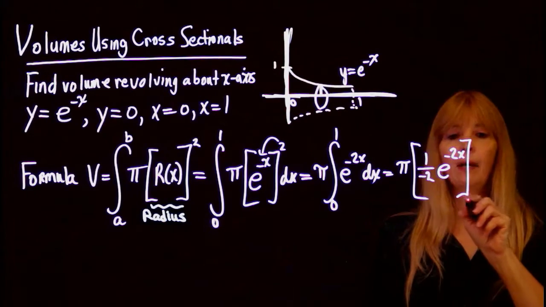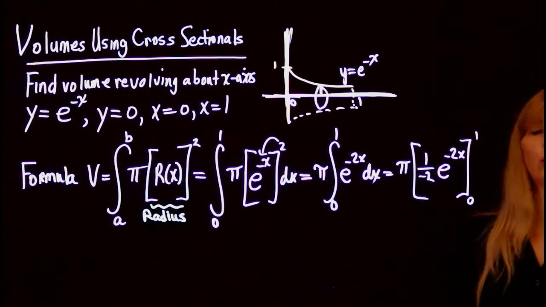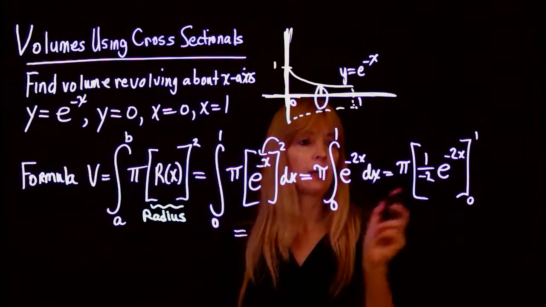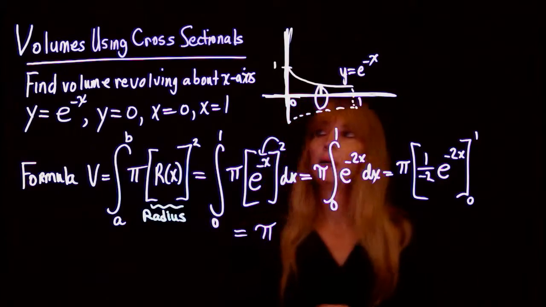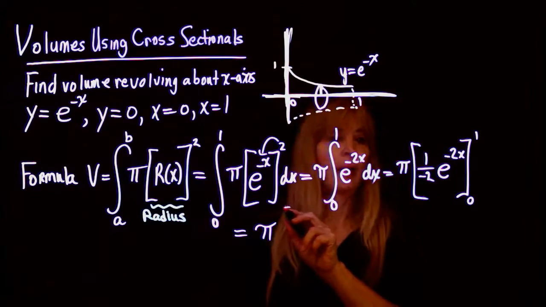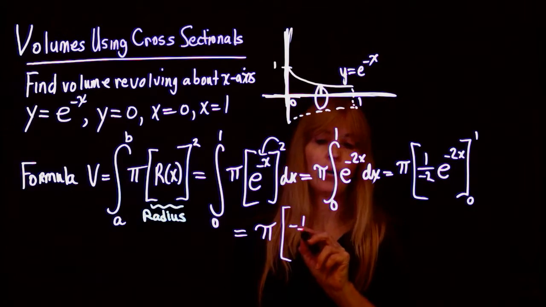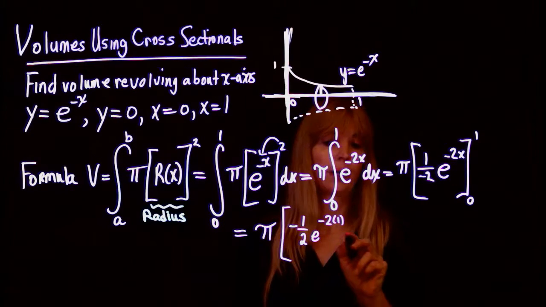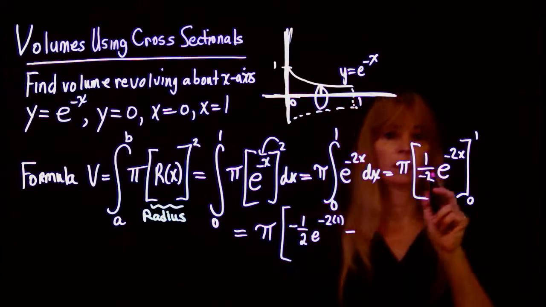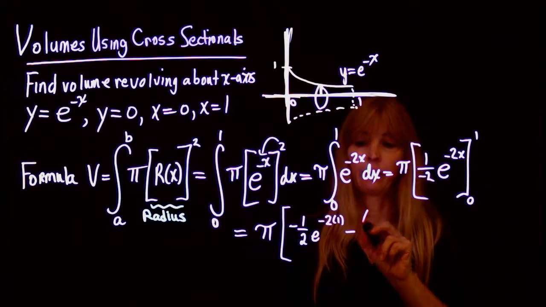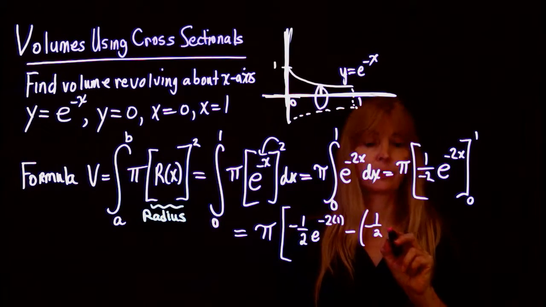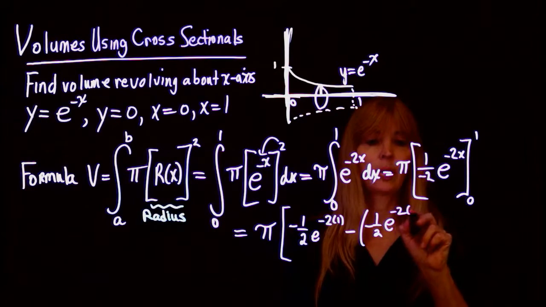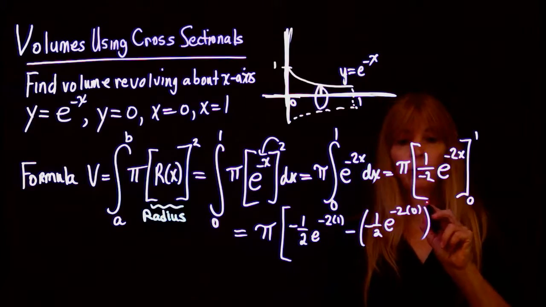And so then I'm going to evaluate this from 0 to 1, which means I'm going to come down here. I still have my pi out front. I'm going to have negative 1/2 e to the negative 2 times 1 minus a negative 1/2, so a negative and a negative is going to become a positive, e to the negative 2 times 0.